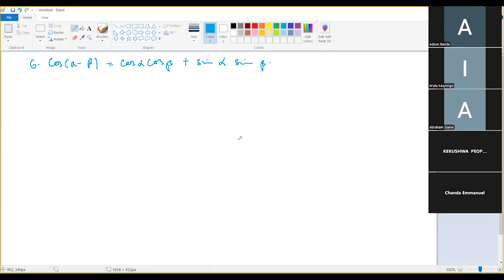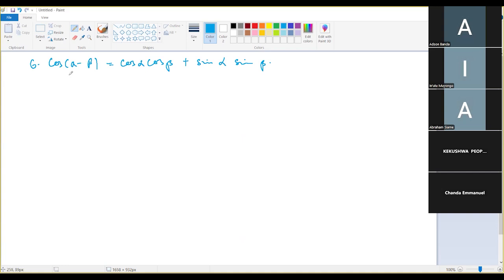Right, so we can use this difference formula, that's what it is called. The difference formula for the cosine can be used to generate other identities. And these other identities are going to be as follows.